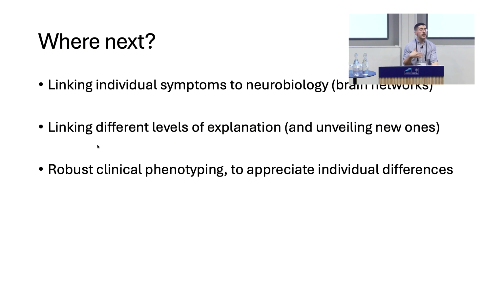And there may even be levels of explanation that are yet to be discovered or only recently being discovered, for example the neuroimmune level of explanation, and the gut microbiome is perhaps another good example of that. And coming back to Robert Burton's work, the heterogeneity in depression was appreciated in his book.